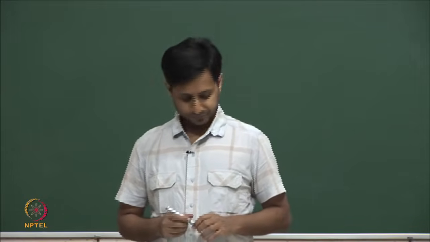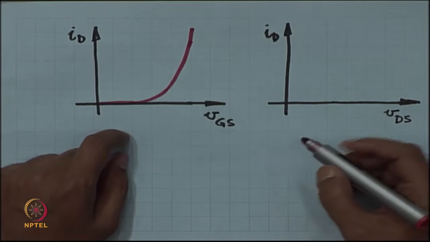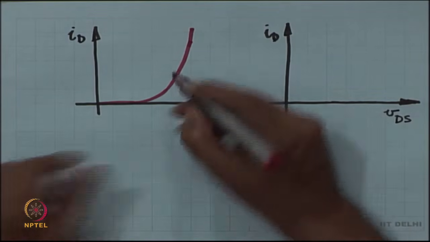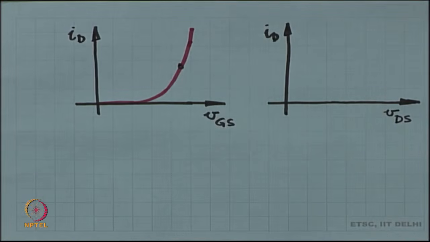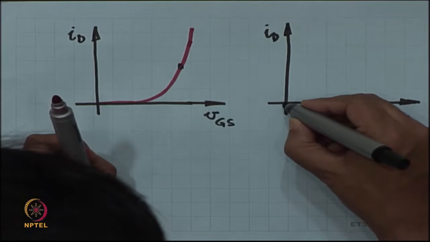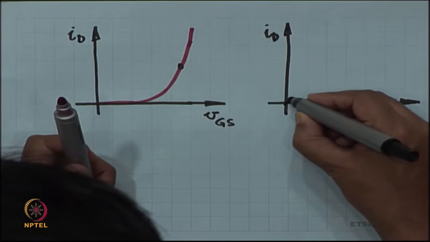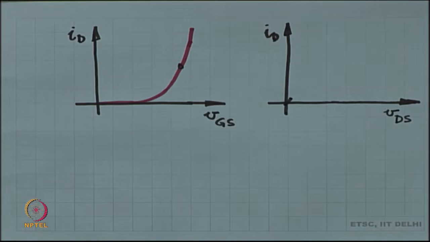Okay. And then depending on the value of VGS, you think there is going to be some current, right, and then accordingly it also depends on VDS.